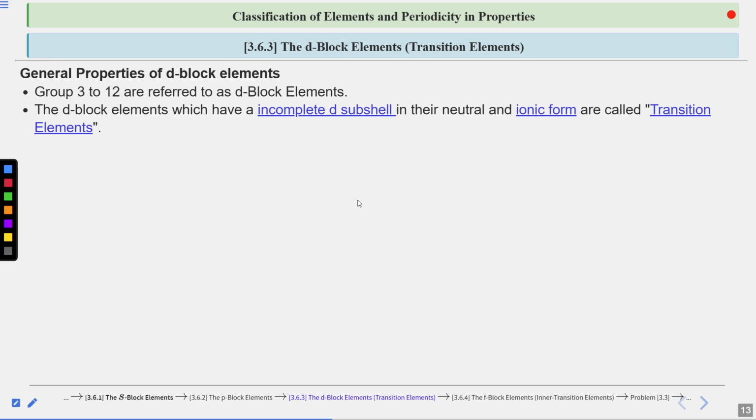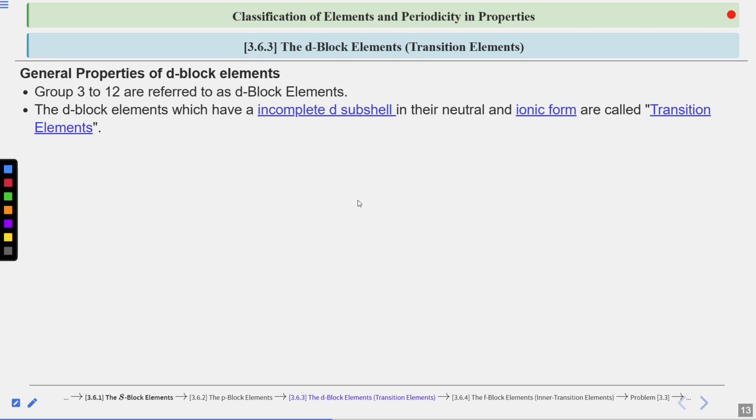Now, a very important definition is given here, regarding the transition elements. Listen very, very carefully, because questions are asked from here in both competitive exams and board exams. What are transition elements? Two parts are important here. First, it should have an incomplete D subshell.